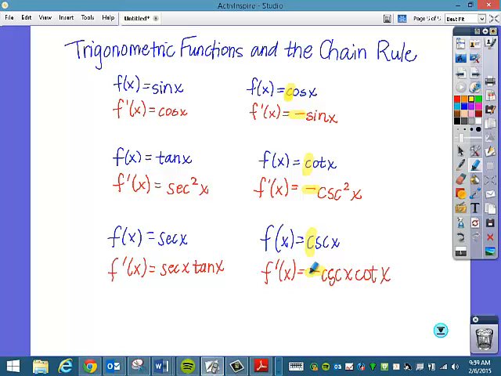And you notice the derivative of tangent of x, secant squared x, and the derivative of cotangent of x, negative cosecant squared x, are kind of similar. They both have the square in them. The derivative of secant is secant x tan x, the derivative of cosecant is negative cosecant x cotangent x, those kind of look similar. So that's just something that you have to memorize in order to take the derivative. So I recommend flashcards.